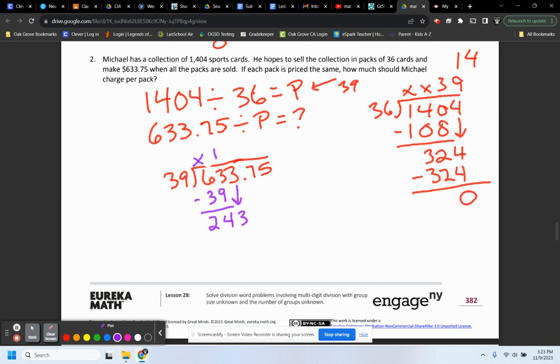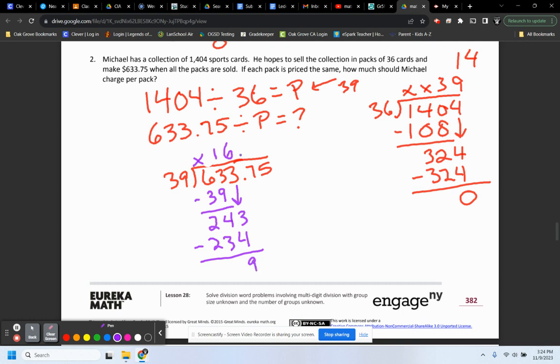Well, if I rounded 39 to 40, I would think it would fit in there about 6 times. So I'm going to try that. 6 times 9 is 54. 6 times 3 is 18, plus 5 will give me 23. And I'm going to subtract. And over here, it looks like I'm going to get 9 left over.